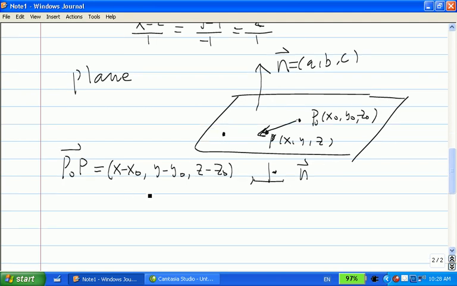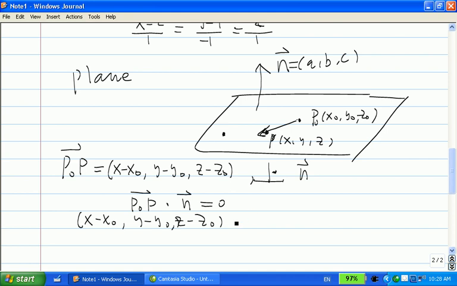Okay, now we have two vectors that are perpendicular to each other. So that means what? That means the dot product gives you 0. So now let's perform the dot product, which means x minus x naught, y minus y naught, z minus z naught.